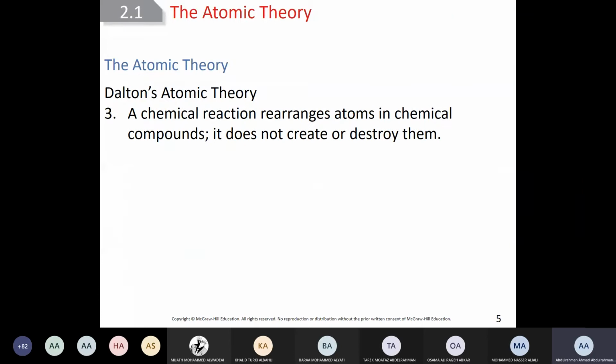Good. What's the third thing? Chemical reaction. What is the chemical reaction? Chemical reactions are exchange of atoms. This means here we have hydrogen with hydrogen, and here we have oxygen with oxygen.